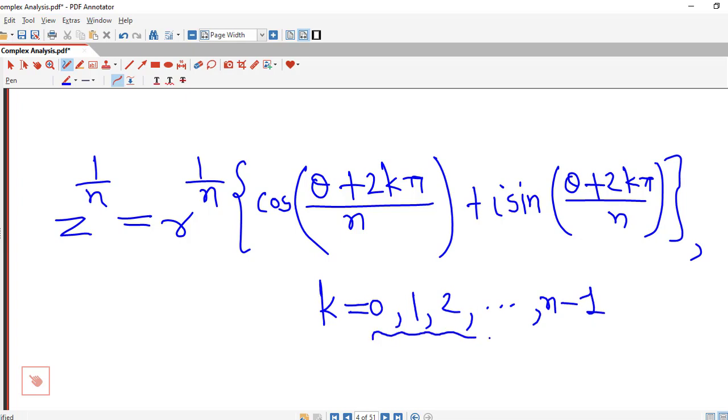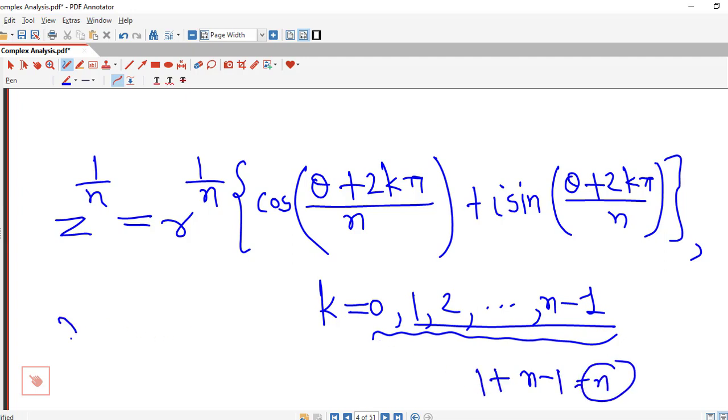There must be n possible values. So from 1 to n minus 1 there are n minus 1 values, and 0, that is n values. And here r is nothing but the absolute value of the complex number z, and theta is nothing but the argument of z.